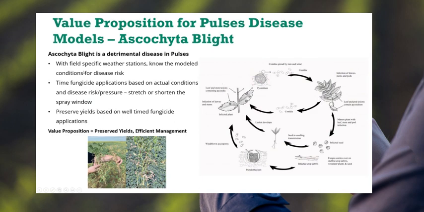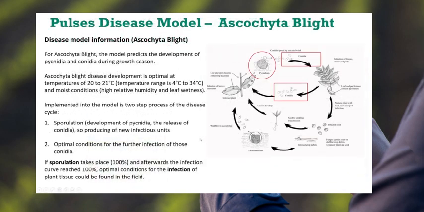With site-specific weather station data, we can really know the modeled conditions for disease risk and time our fungicide applications based on the actual conditions and disease risk pressure, which allows us to either stretch or shorten that spray window. We can preserve the yield and quality of the crop based on well-timed fungicides as well. So we become very efficient in our management. We preserve yields, that is our value proposition.